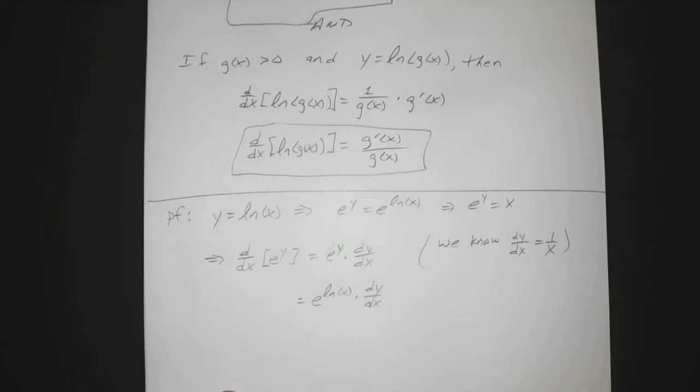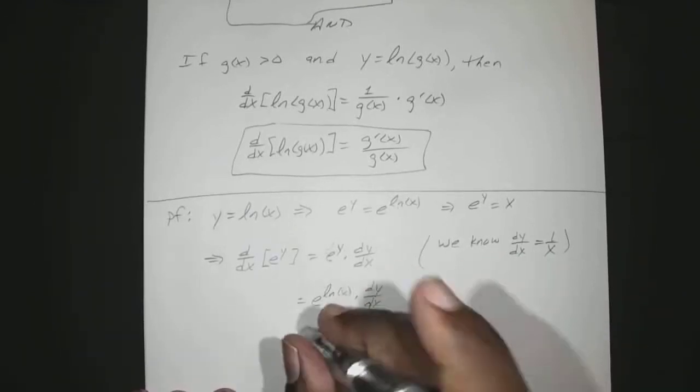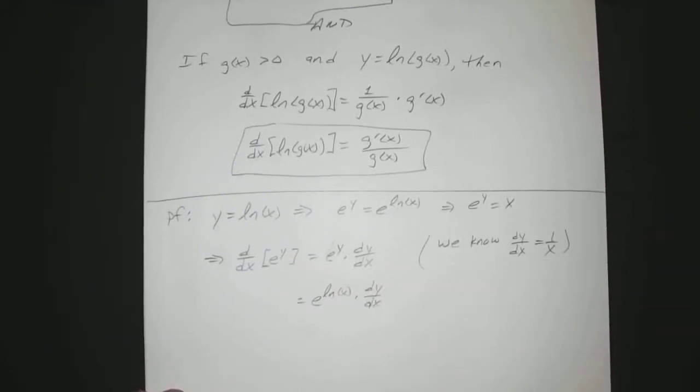Okay, so dy/dx equals 1 over x. Here we go. Where did I leave it? Here we go. Okay, now I remember where I left off. I'll leave that.